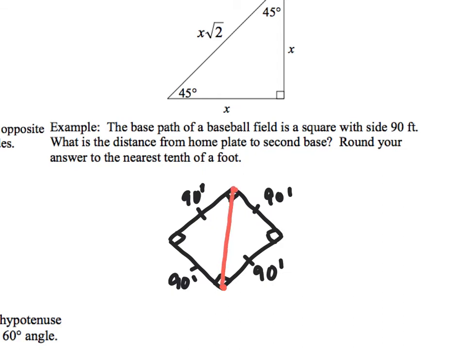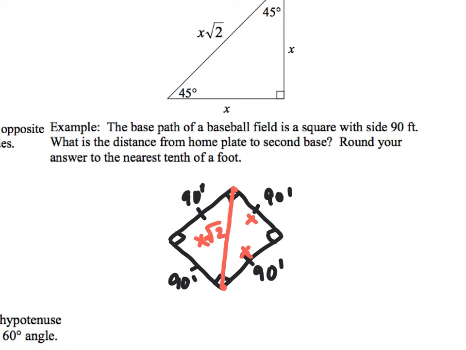So here's what I know, okay? What I have is that this is a 45, 45, 90 triangle. And I know that because my legs are the same length, okay? And I have a right angle that connects them. Here's what I know. This is x, and this is x times the square root of 2. Now you could still use Pythagorean theorem, or you could use the ratios that we have up in these examples, okay?